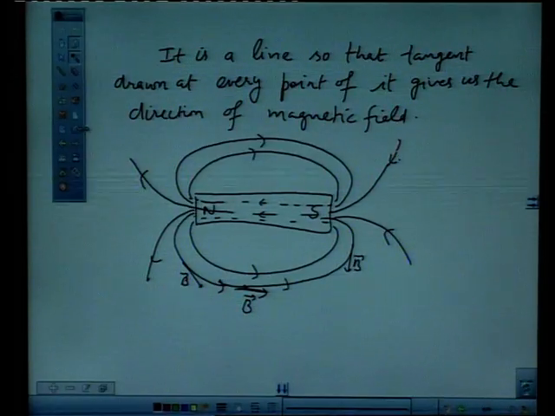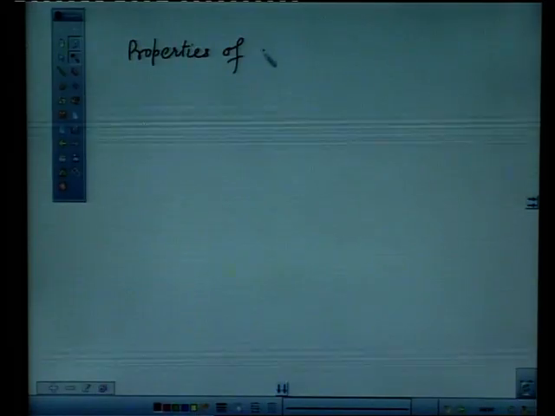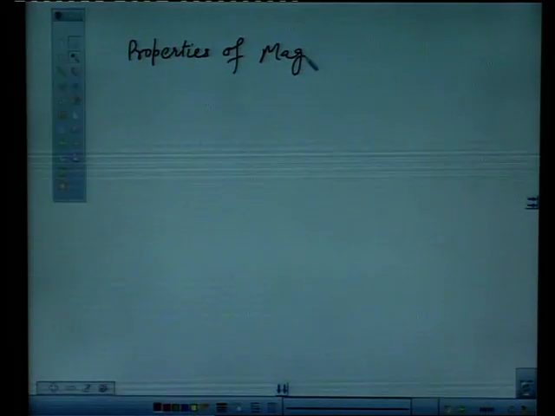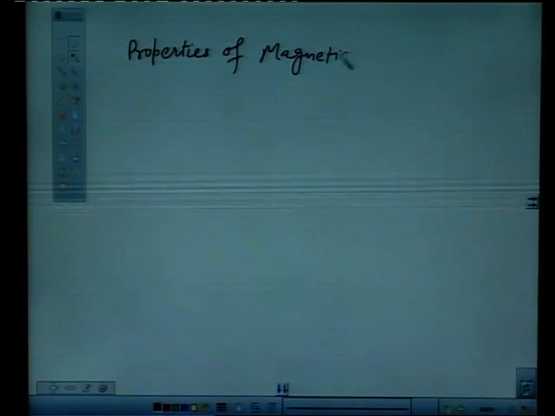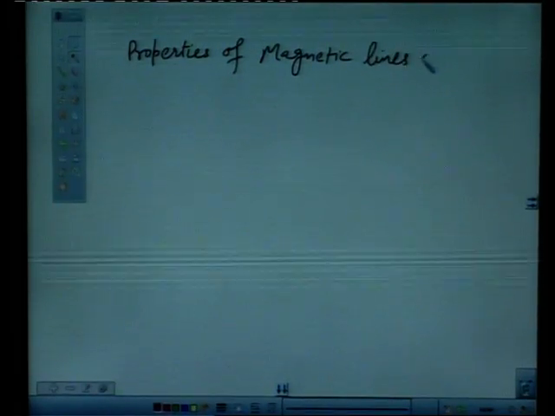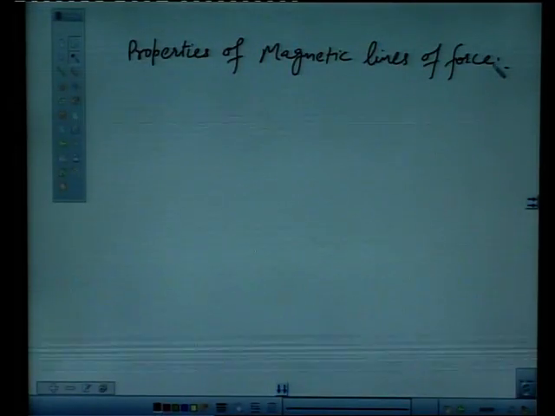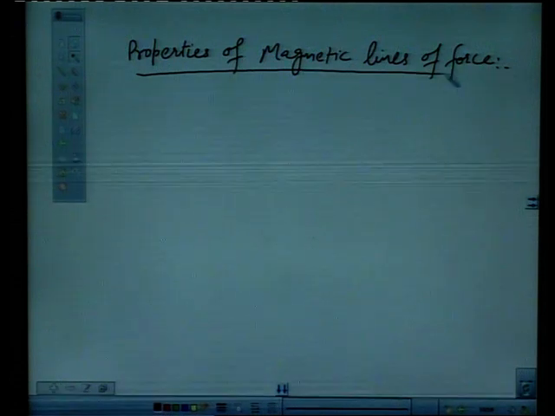So now next is properties of magnetic lines of force. So there are some properties of magnetic lines.